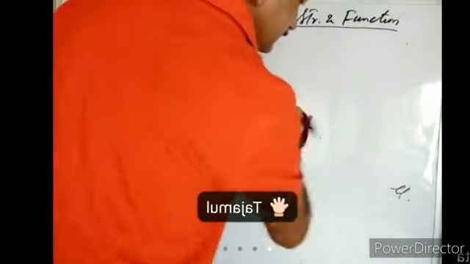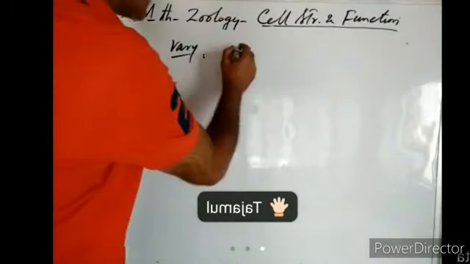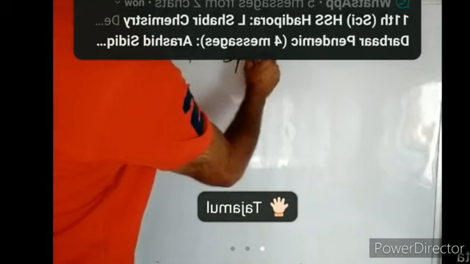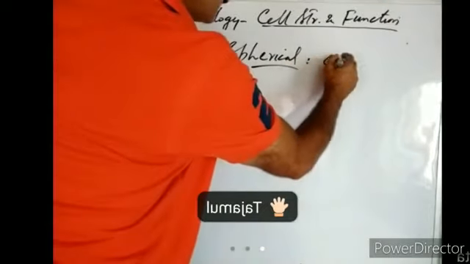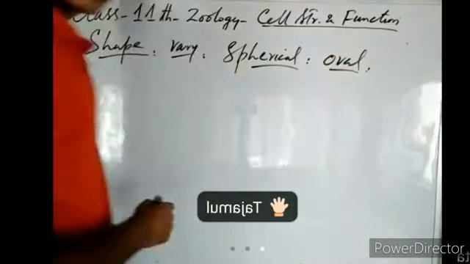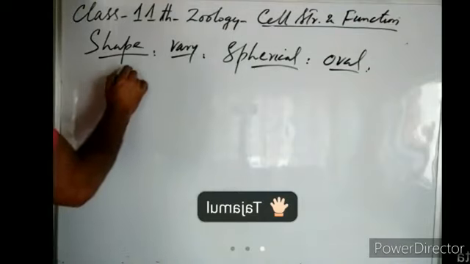Then what about the shape of the nucleus? What is the shape of the nucleus in a cell? Nuclei vary in shape. Mostly the nucleus is spherical in shape. But in some cells, it may be oval. In some cells, it may be bean-shaped.